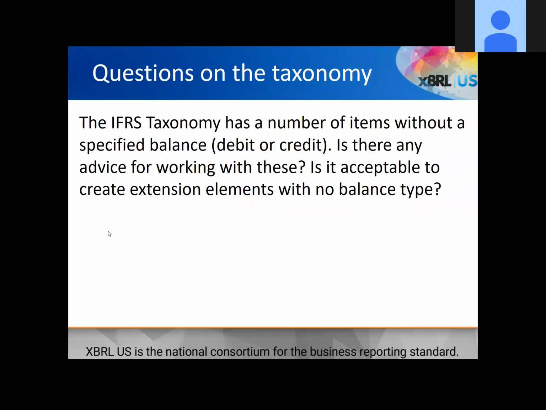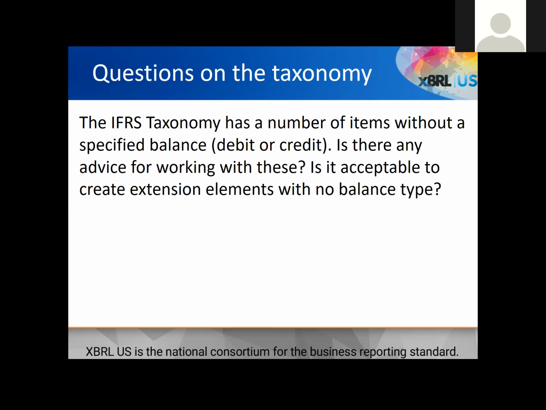So the IFRS taxonomy does have a number of items without a specified balance. I believe that proportionally this may be a slightly larger number than the US GAAP taxonomy has. In general, we think that it should be reasonably easy for a preparer to know what the natural balance of that item is when it is reported.